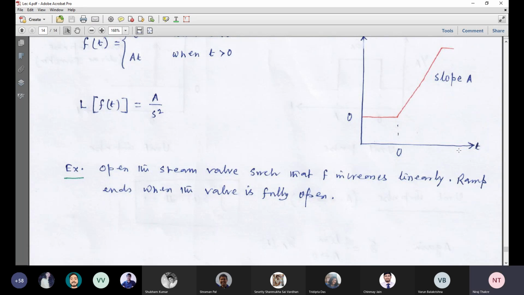But for theoretical investigation, usually these types of forcing functions are considered: step input, pulse, impulse, ramp, and sinusoidal wave. So this is all about our input functions.